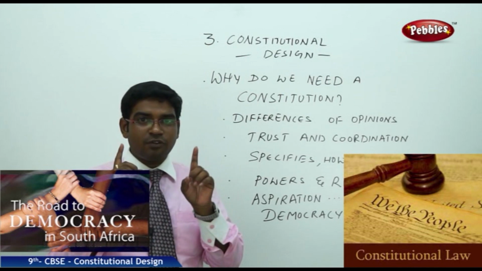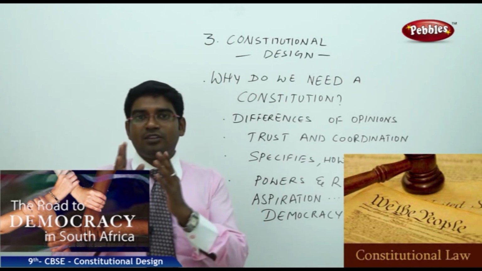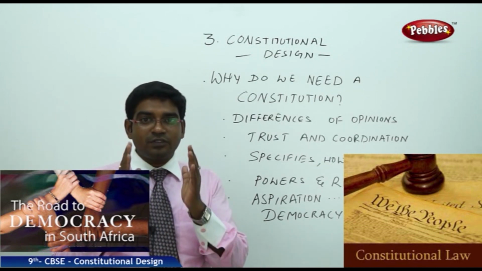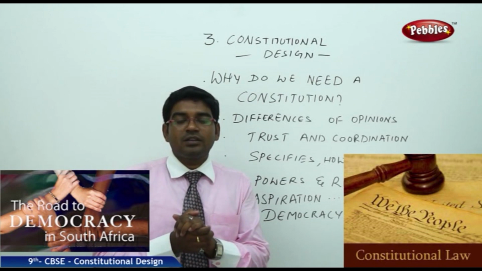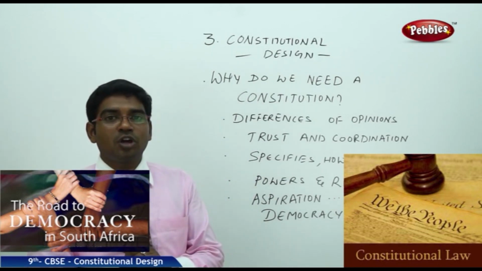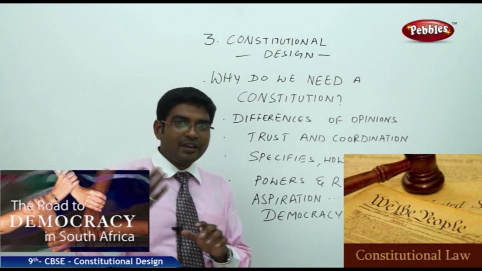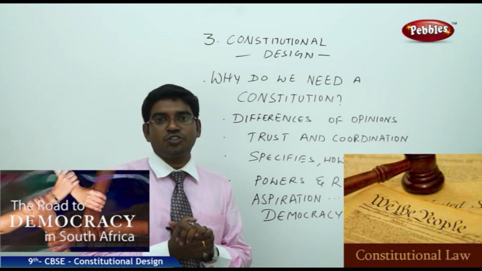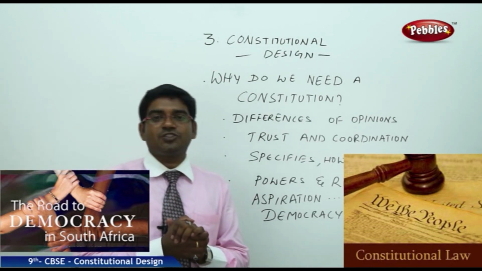So differences of opinion existed between the blacks and the whites. Maybe because of this mistrust which was present initially, and the fear for life, they were made to write the book of rules, the constitution. The other aspects we cover in the constitution are trust and coordination.